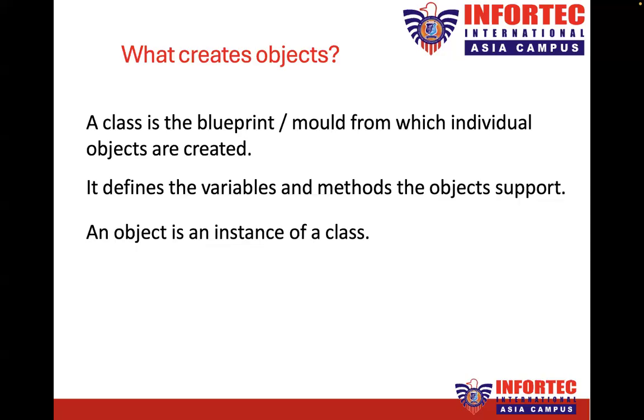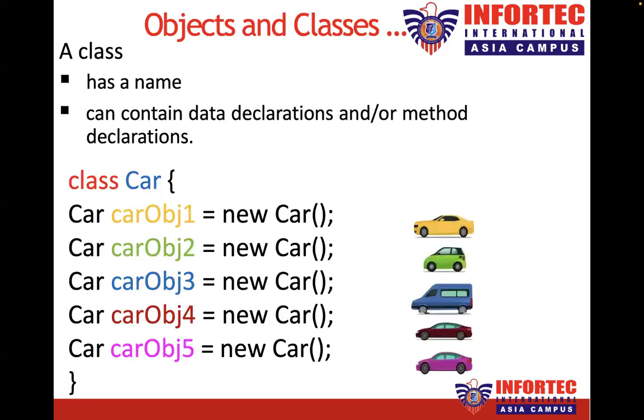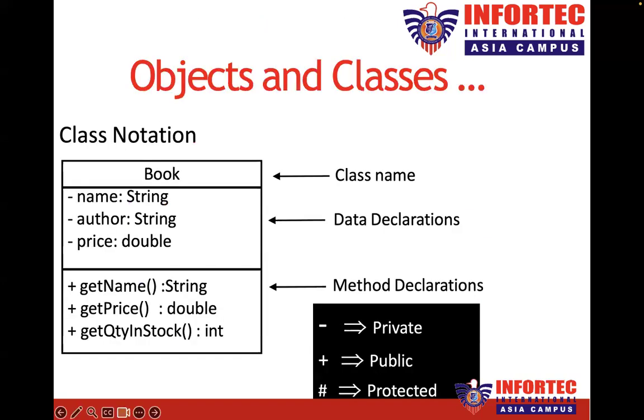An object is an instance of a class. So this is how we create classes. So first of all, I would like to give you time to grab your paper and pen and write down this part, right?